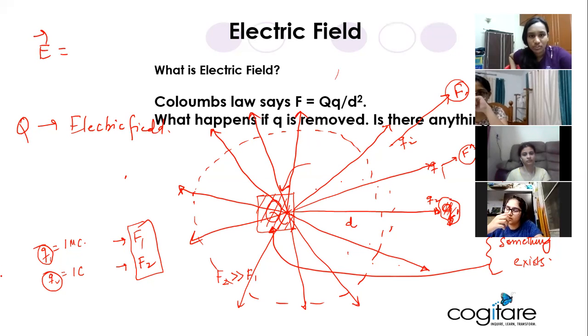Is it force or... You're very close to it, because both F1 and F2 are different forces experienced by different charges, but under the influence of the same Q. So whatever definition you want to give for the electric field has to be based on these forces only.